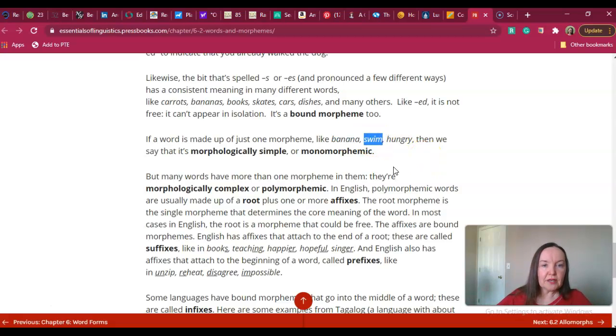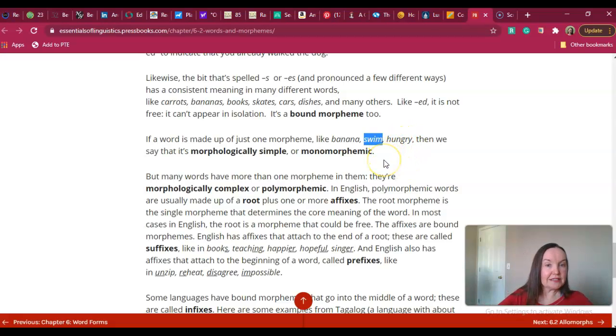Swim, we could add different endings to this as a verb. You could say he swims. So that S ending is not the plural S, it's a different S. It's a third person singular agreement S, because you can't say he swim. That wouldn't be grammatical in standard American English. So we have to have that S there to be grammatical in that dialect.